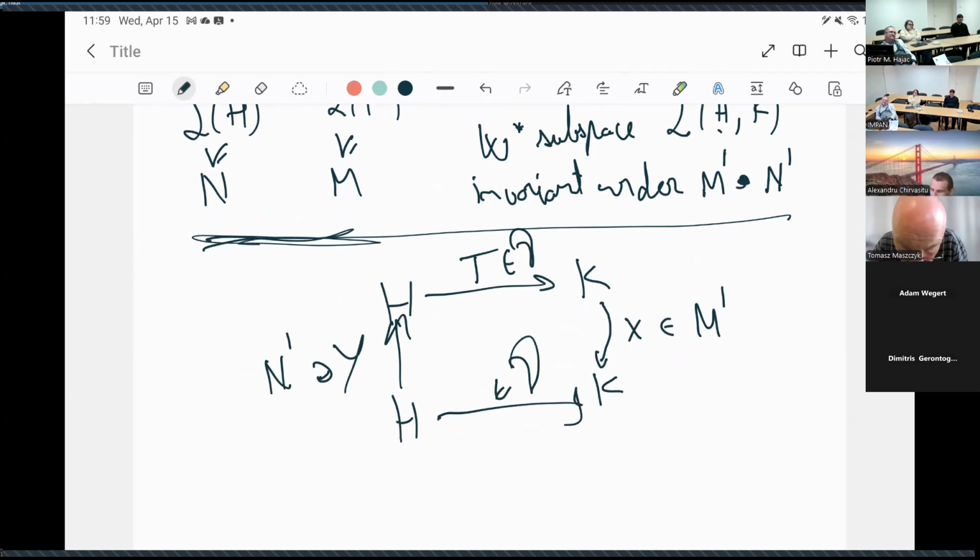This is juxtaposition, it is just composition of operators.